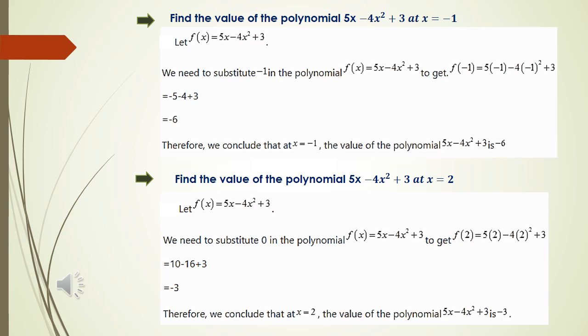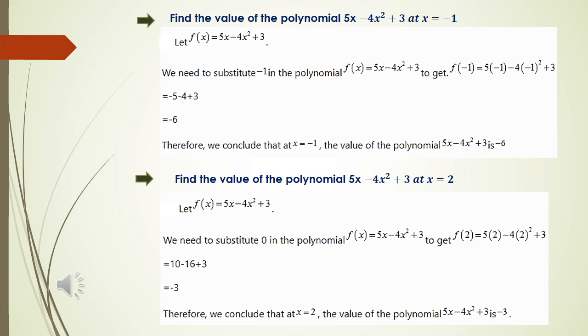So, we will have 5 multiplied by 2 minus 4 into 2 square plus 3. By simplifying, we get answer minus 3. Therefore, we conclude that at x equal to 2, the value of the polynomial 5x minus 4x square plus 3 is minus 3.